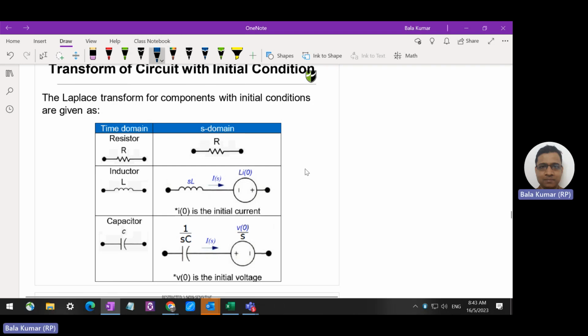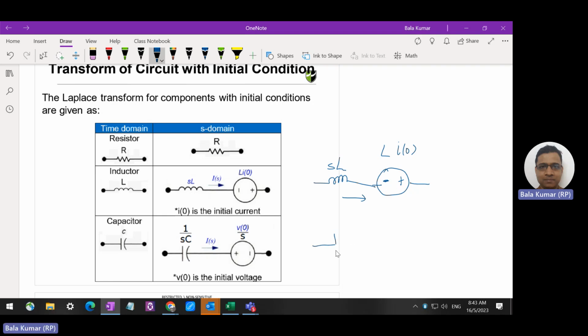I will redraw it here. For the inductor, this becomes SL in the S domain, and then you have a voltage source with the value L I naught. Since current is flowing in this direction, this is negative and this is positive.